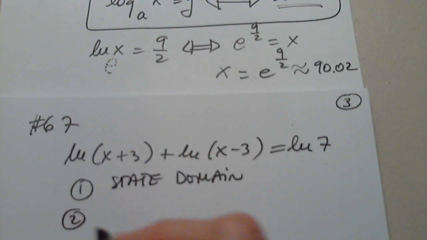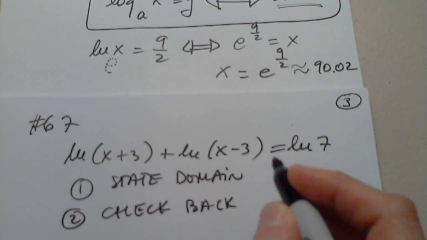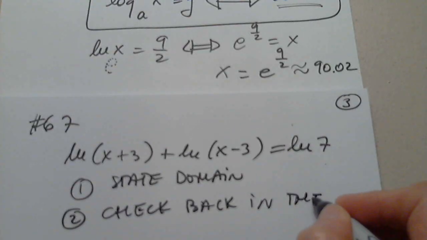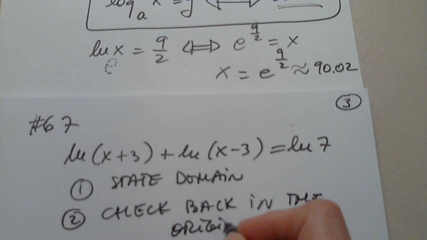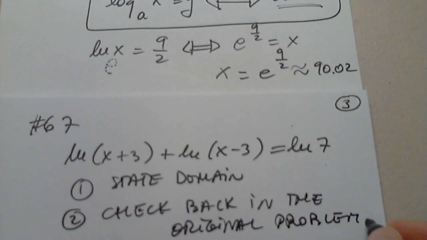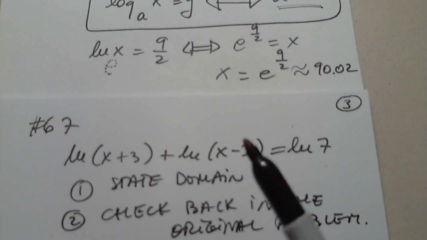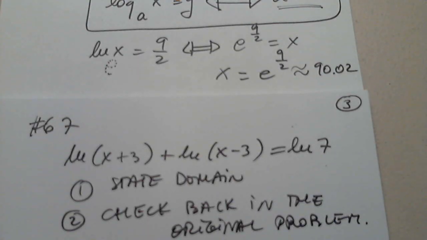And option number 2, check back in the original problem. You don't have to be consistent. You can solve a problem stating the domain and the next problem checking, because you don't want to state the domain. It's up to you.